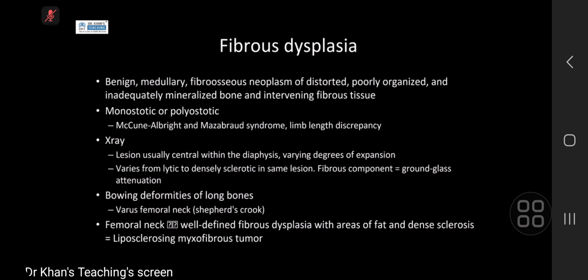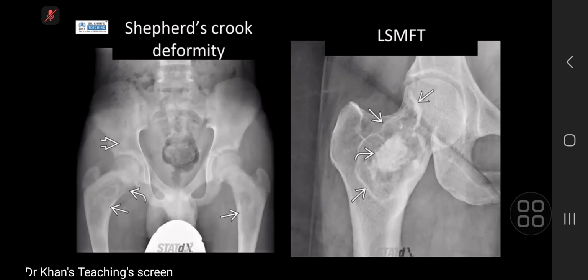A good note just to put in here is that the first image shows a nice example of the shepherd's crook deformity. The second image shows a lesion which I'd like you to be aware of. It used to be called a lipo... oh, sorry. Okay.